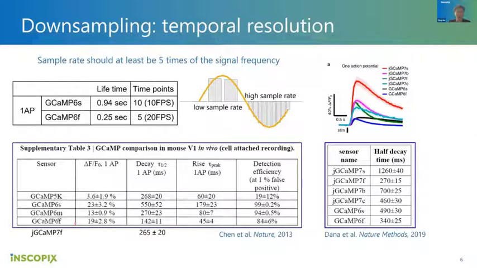Basically, they just have the medium type, and for the slow type, the red trace shows the decay, which is really the slowest of all, but it also has the highest signal to noise ratio. So if you want to trade off your detection speed with signal to noise ratio sensitivity, then you can choose the GCaMP7S type.